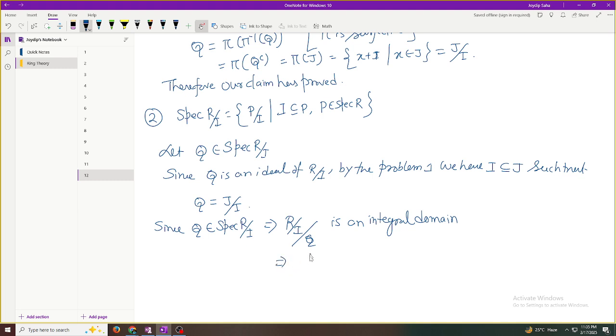This implies (R mod I) quotient (J mod I), which is isomorphic to R mod J, is an integral domain. This implies J belongs to Spec R. Now we can write it in an if and only if way. Therefore, our claim has been proved.